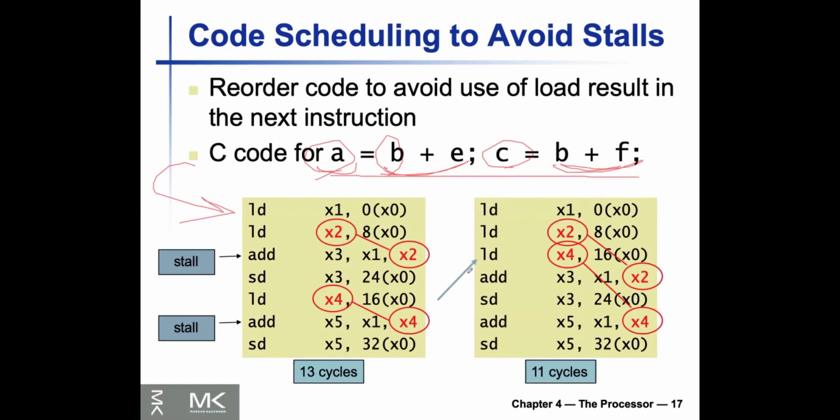It is still functionally correct because we are having loads and additions, and the outcome would be correct as well. So we are trying to put as much space between two accesses of x2 here, and also two accesses of x4. Let's see how we can put these two as far away as possible.